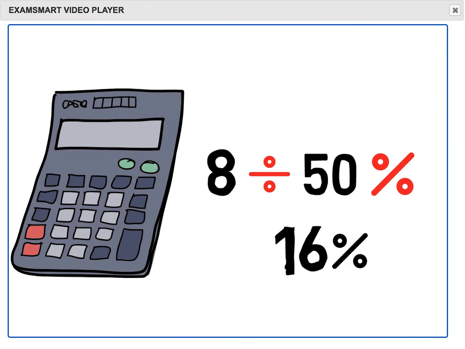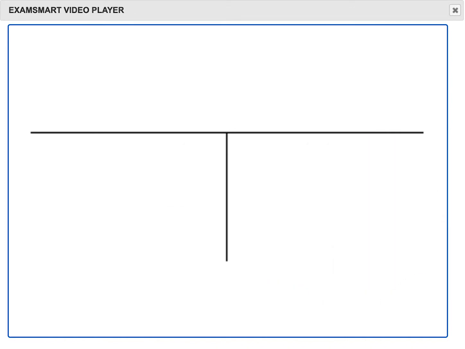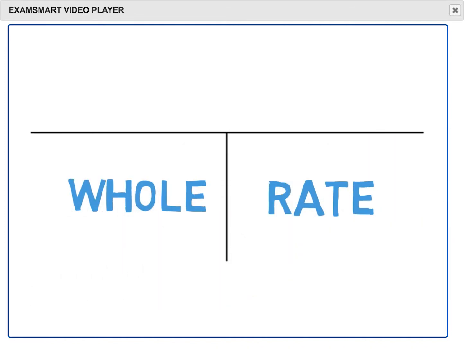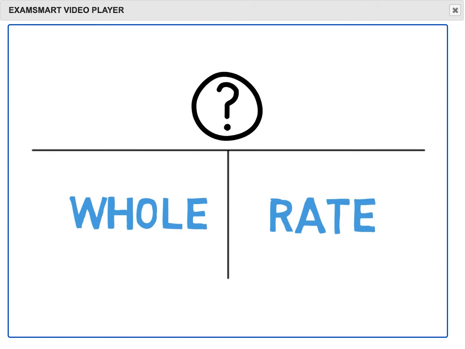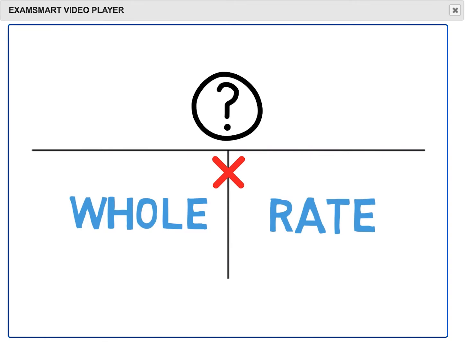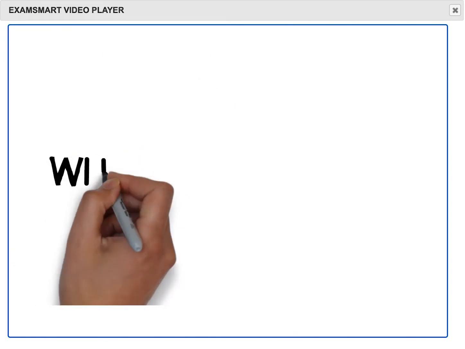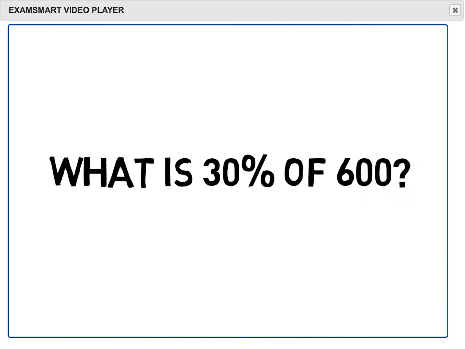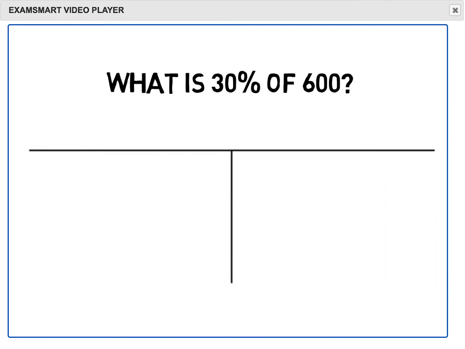On a different math problem, they might give us the whole and the rate and then ask for the part. So in this case, our two known variables are separated by the vertical line, which tells us to multiply straight across. So a question might say, what is 30% of 600? In this case, 600 is the larger number.